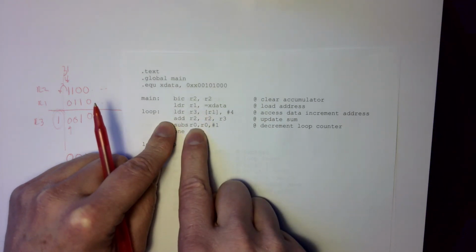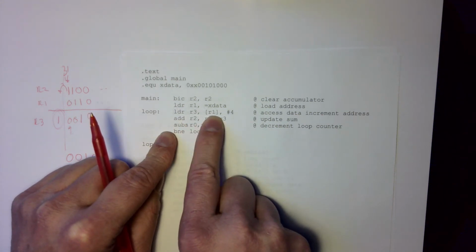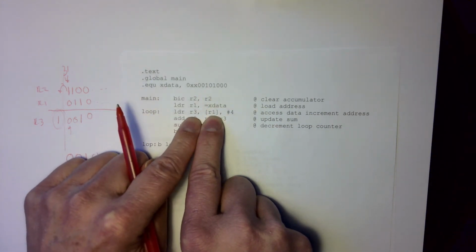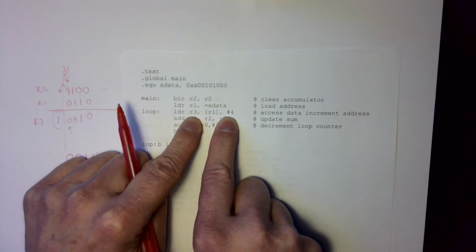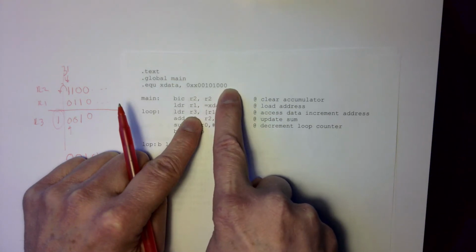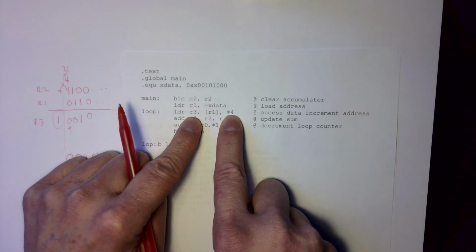Then in my loop, I'm going to load R3 from that location, so whatever's stored at that address is now in R3. After I do the load, I'm going to add 4 to the address, which will be the address of the next operand.